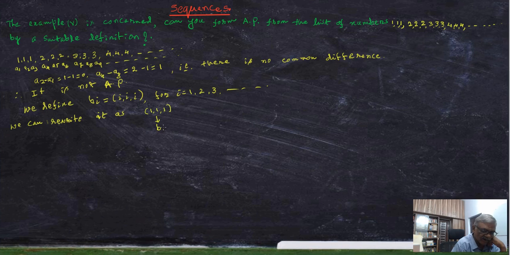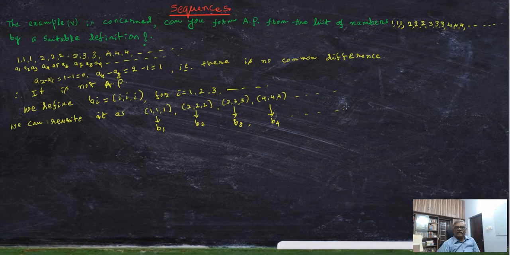This I would like to write as B1, and 2, 2, 2, this I can write as B2, and 3, 3, 3 as B3, and 4, 4, 4 as B4. So we have a certain kind of sequence here: B1, B2, B3, B4, etc.